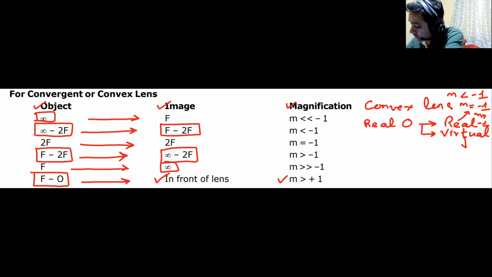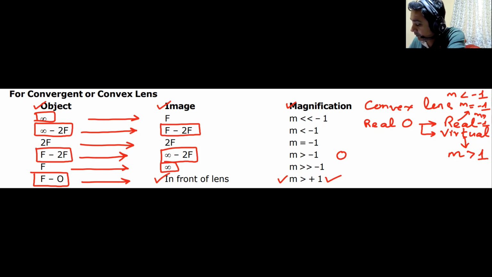But if the image is virtual, the magnification is always greater than 1. You can see it here in the table. Can I have some raised hands from everyone that we understand this? A convex lens can form real as well as virtual image of a real object. Let us now move on to a virtual object.